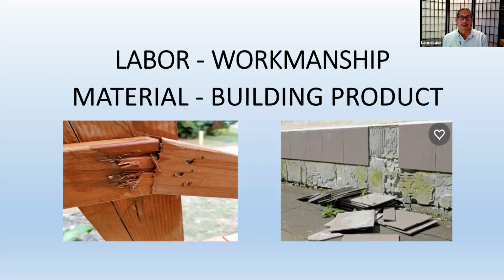Now, the implied warranty may not be stated specifically in the written contract, but it's presumed, such as the contractor will provide good quality workmanship and use good quality building materials.